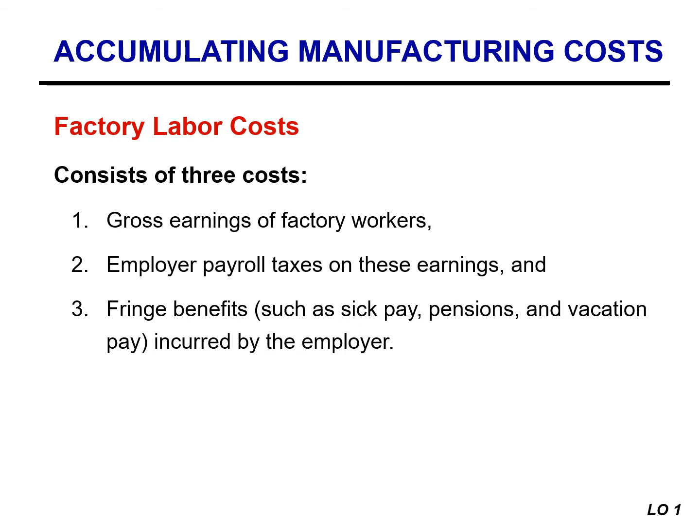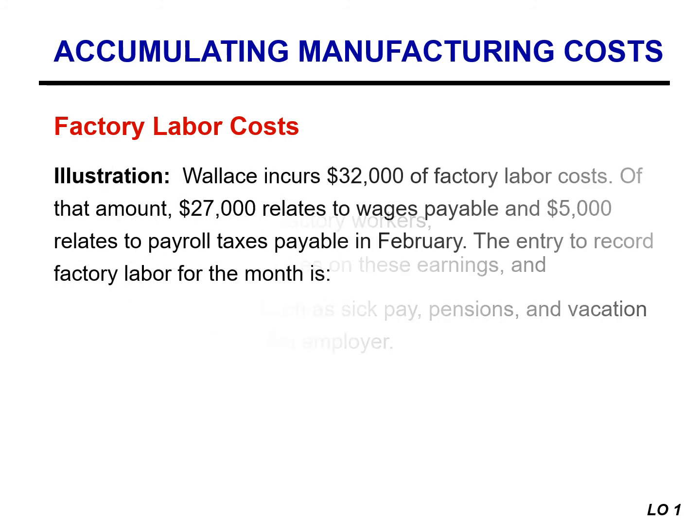Factory labor consists of three costs: gross earnings of factory workers, employer payroll taxes on those earnings, and fringe benefits such as sick and vacation pay. Companies debit labor cost to factory labor as they incur those costs.